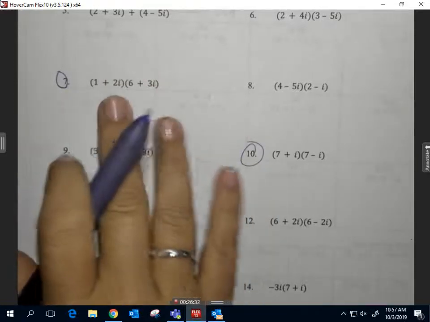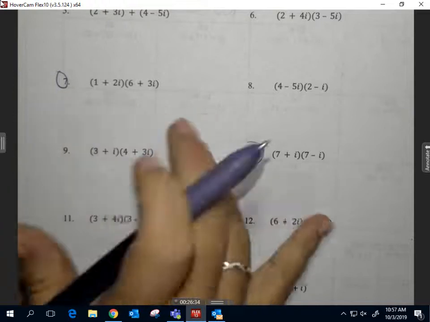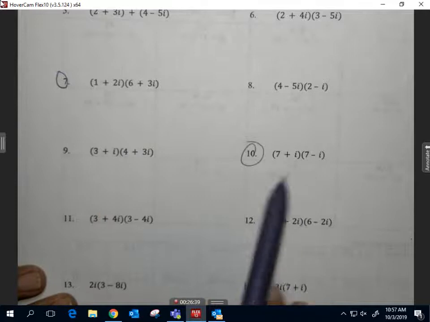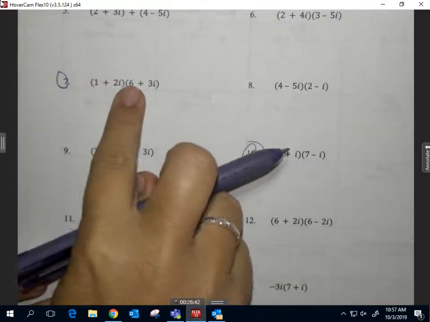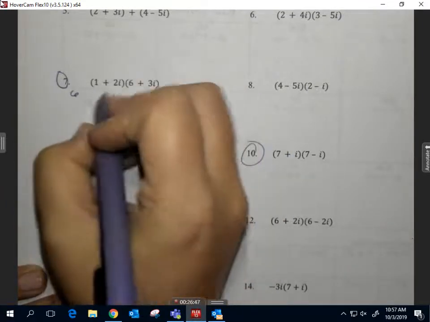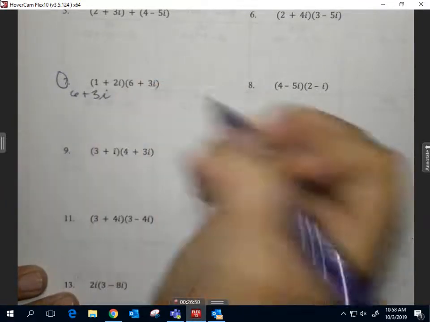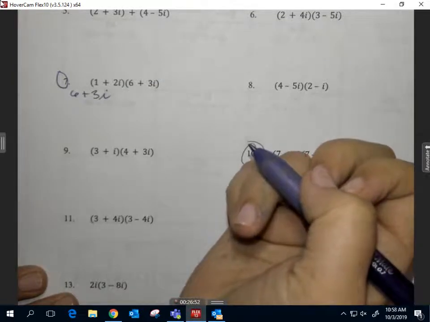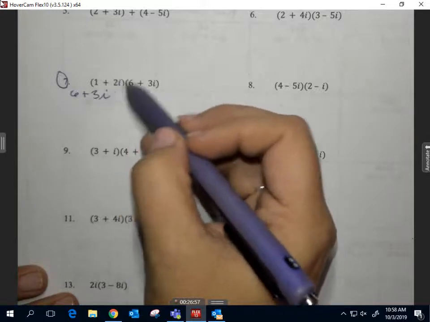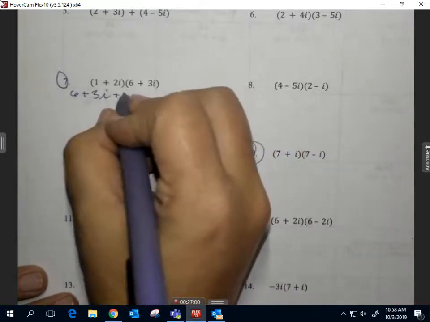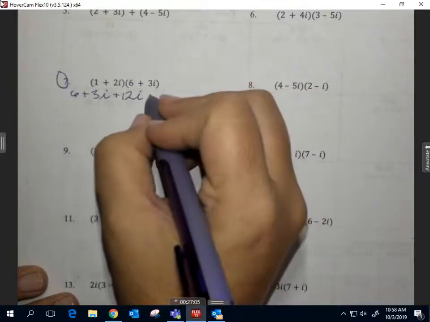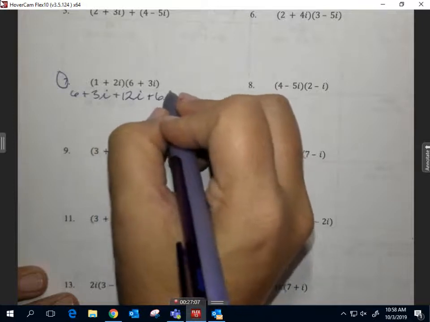Okay, so number 7 and number 10 are multiplying, and we know this because in between the parentheses, there's nothing, on both of them. All right, so let's start with number 7, and let's go ahead and multiply. 1 times 6 is 6. 1 times 3i is positive 3i. And then go on to the next. We have 2i times 6 is a positive 12i. And 2i times 3i is a positive 6i squared.